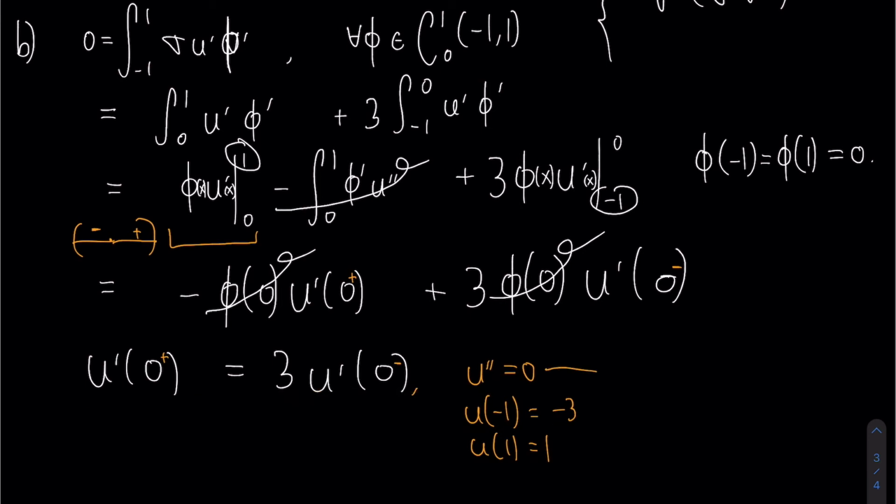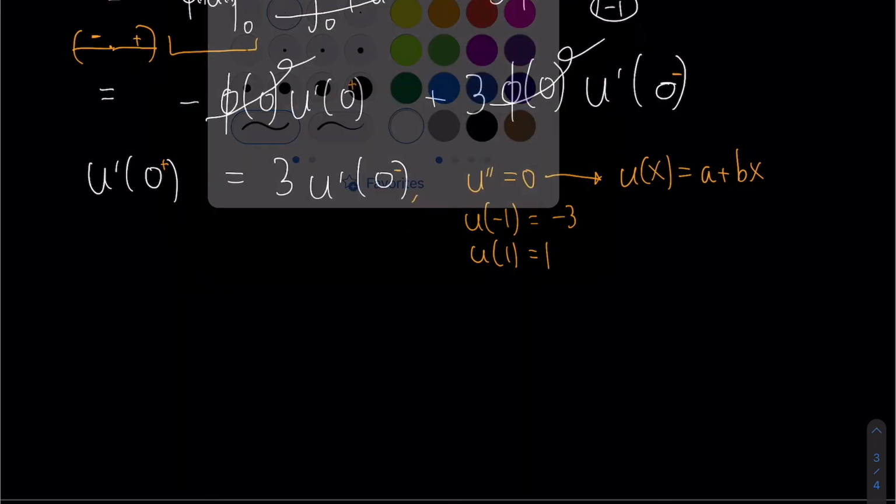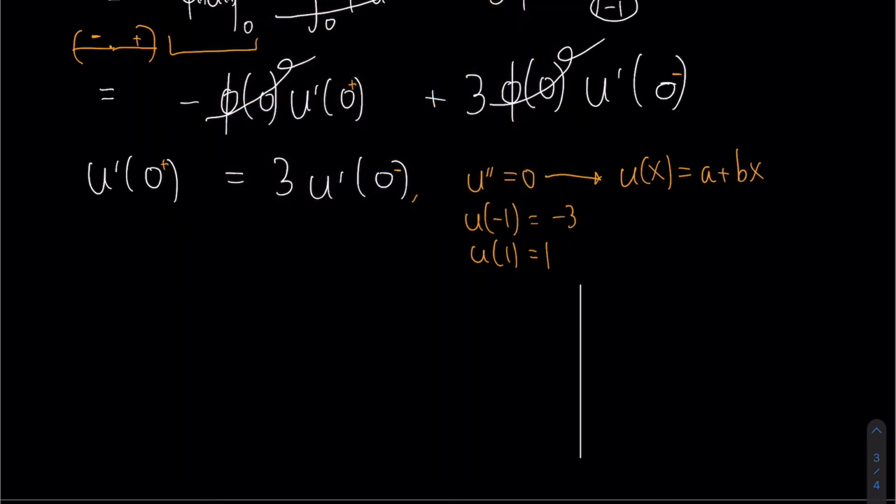First of all, the second derivative being equal to 0 means u of x is going to be linear. It's easier to just draw. At -1 we have -3, at 1 we have 1.